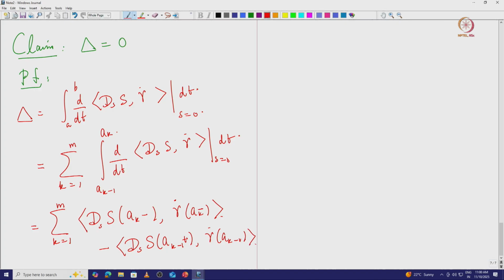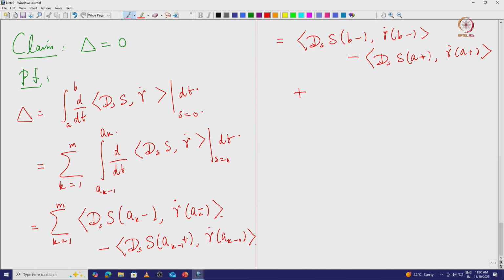Okay. So now we will have basically these two boundary terms when k is equal to 1, because when k is equal to 1, ak minus 1 will be just a, and when k is equal to m, ak will just be b, right. So we will have these two boundary terms: ds of S at b minus times gamma dot at b minus, minus something coming from the left boundary, and then all the intermediate terms, right.